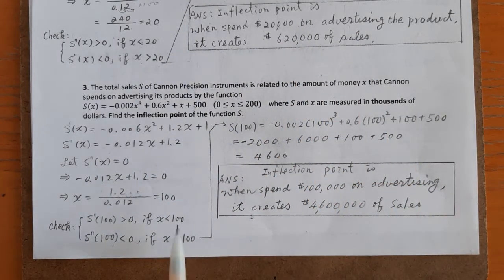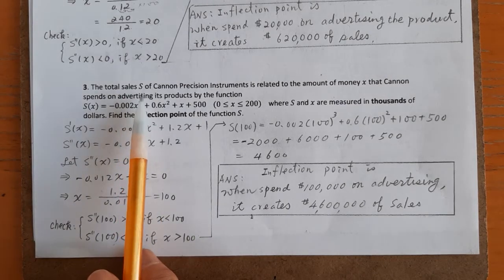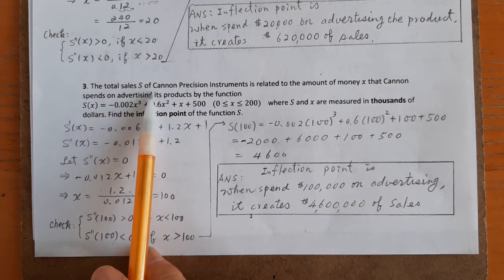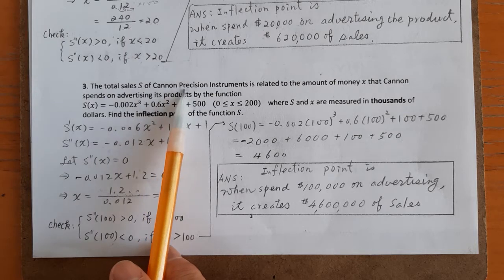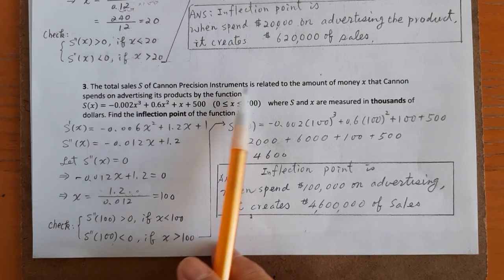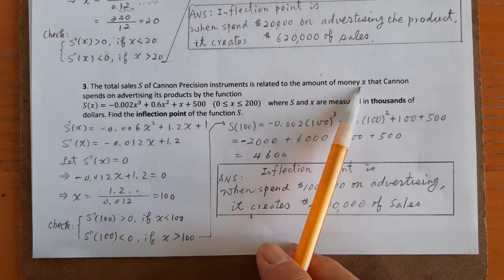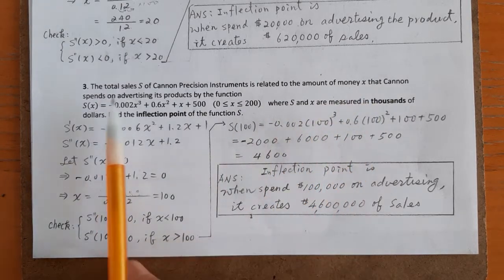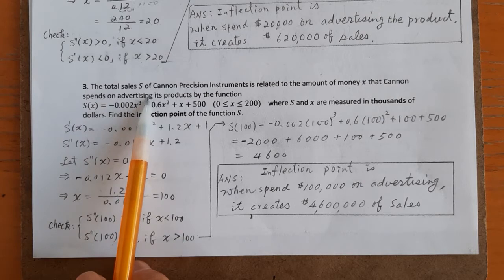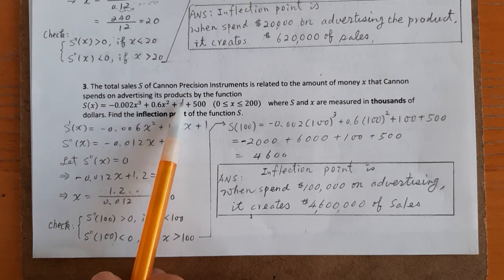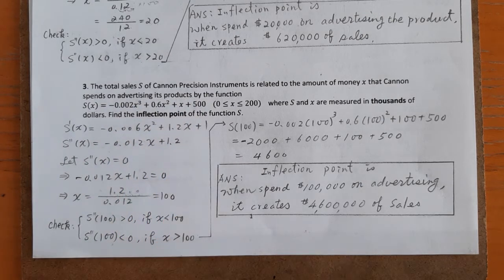And question 3: the total sales S of Canon Precision Instruments is related to the amount of money x that Canon spends on advertising its products by the function.